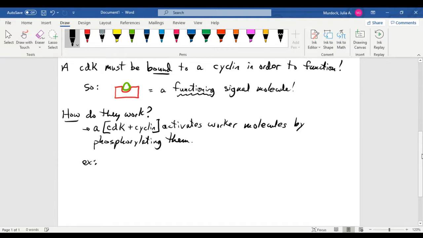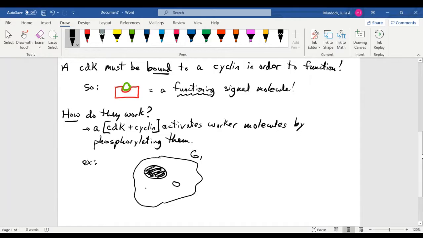Example, let's say we've got a cell that's in the G1 phase. There's its nucleus. Chromatin is all unstrung. And within that cell, let's say that there are molecules.